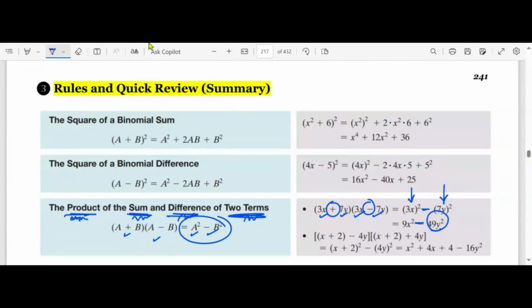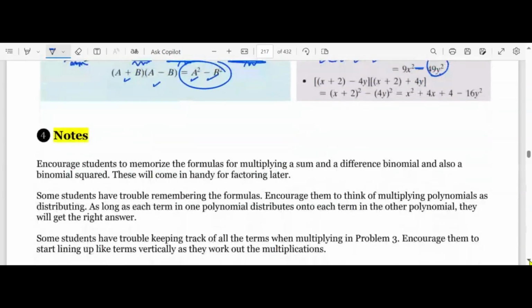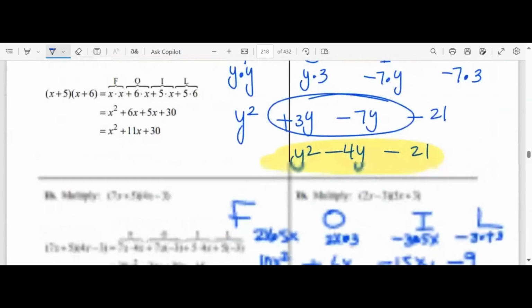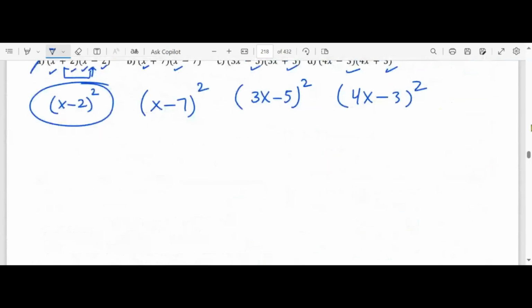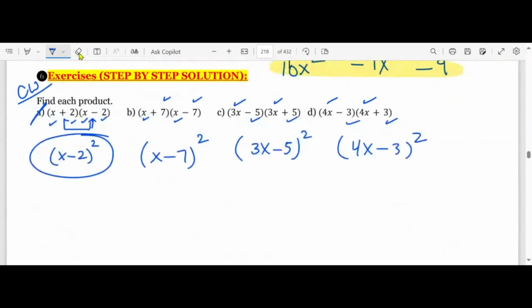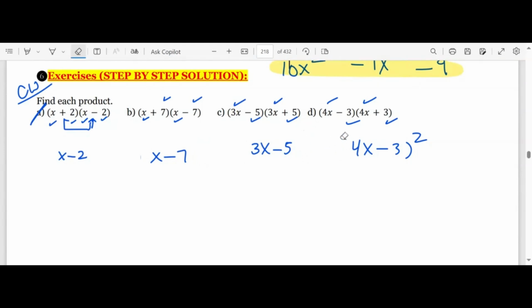So I'm going to go back and make a little bit of change. Please erase this in your paper. It's going to be only the square here.